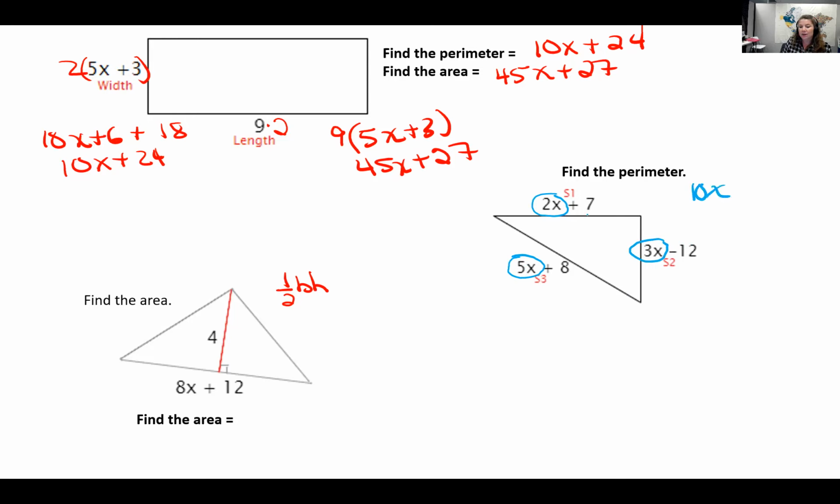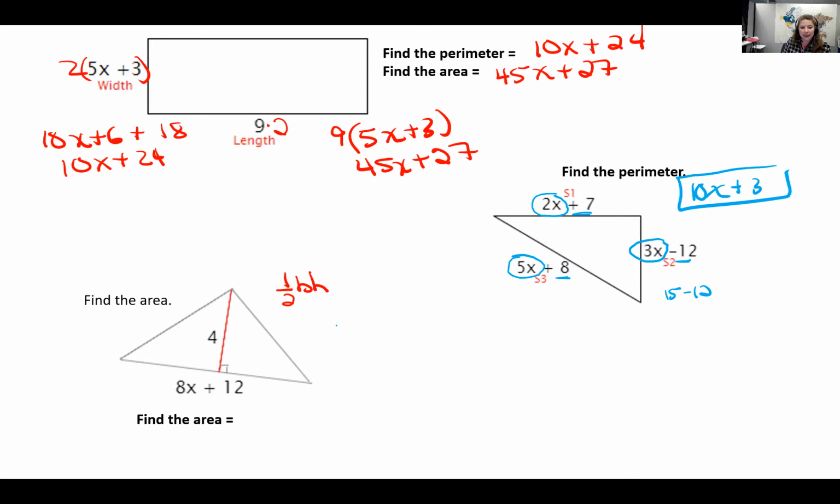And then for our constants, we have 7 plus 8 is 15 minus 12. And of course, you know that 15 minus 12 is positive 3. Okay, 10x plus 3.